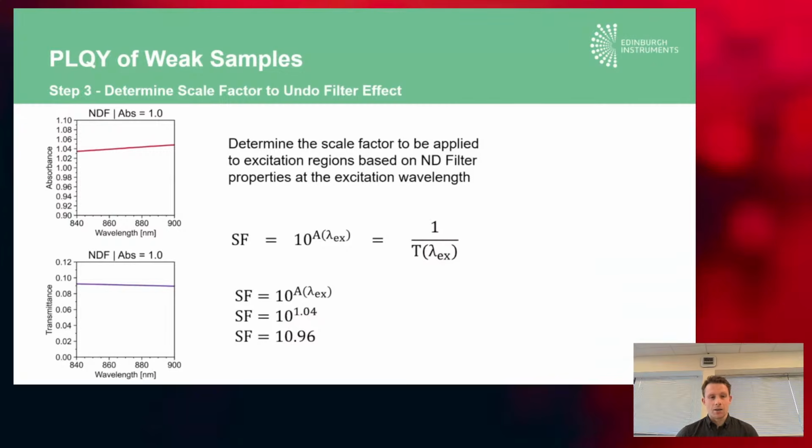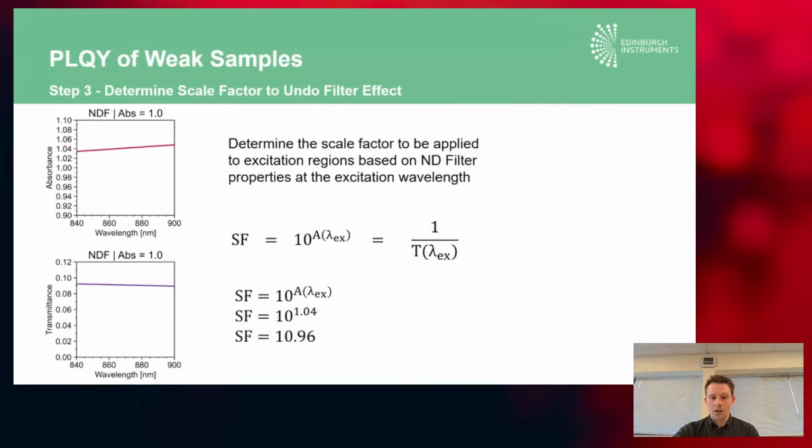The final thing to do is then determine the scale factor to show how much the filter was attenuating the light. To do this, you can place the filter in an absorbance spectrometer and measure the absorbance at your excitation region. You can see here at the top that the absorbance at around 870 is around 1.04.